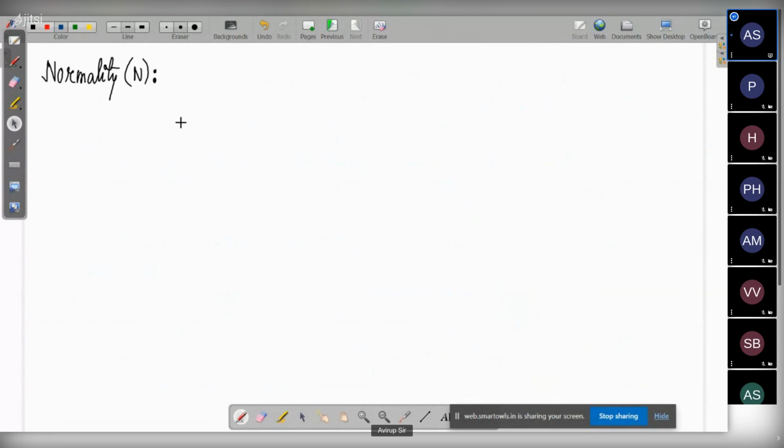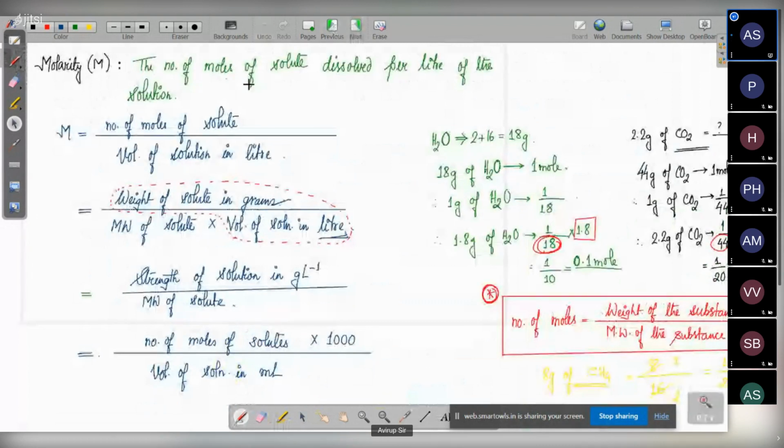Then let us see about normality. So there is a slight difference between molarity and normality. Molarity was number of moles of solute dissolved per liter of the solution.